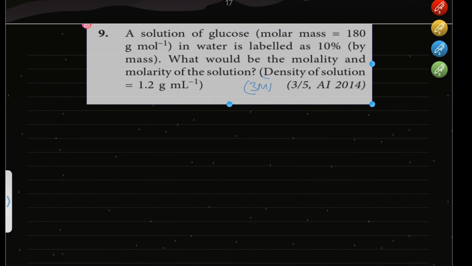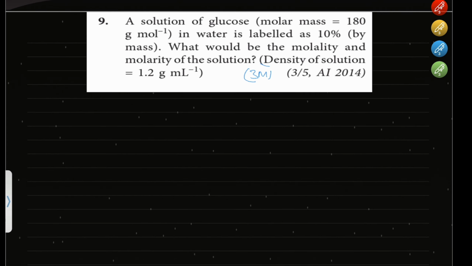The molarity, capital M is equal to weight percent into 10 into density upon M2, molecular weight of solute.